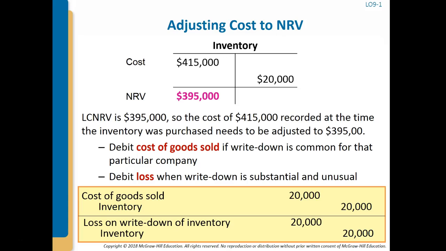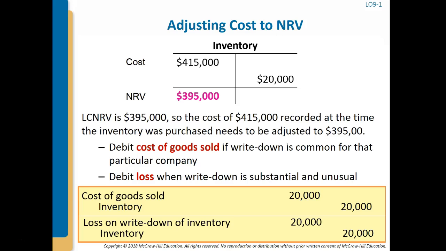Now, referring back to the example on the previous slide, assume that we report inventory using the LCNRV approach by individual items. The recorded cost of inventory, the $415,000, needs to be written down to its net realizable value of $395,000 at the end of the period. So the amount of the reduction is $20,000.